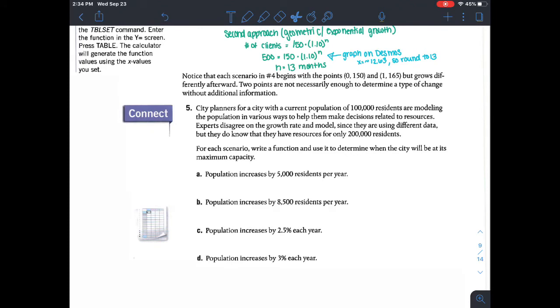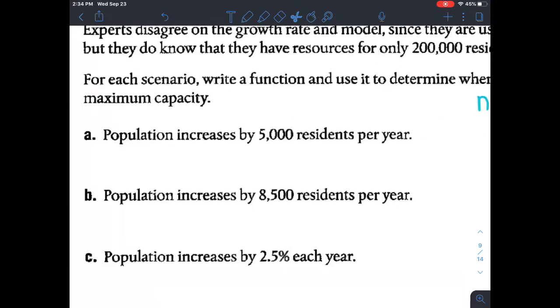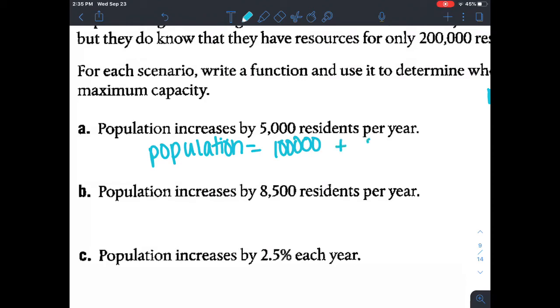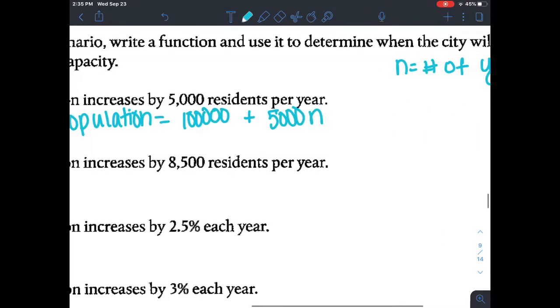So our starting population is 100,000. And I believe my answer key might be wrong on this one as I'm looking at it right now. So we'll have population equals 100,000 plus 5,000 new residents each year.